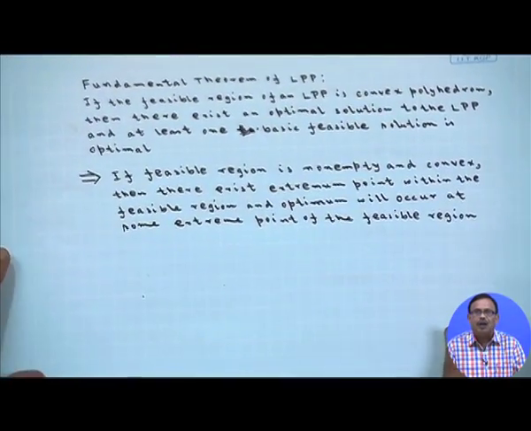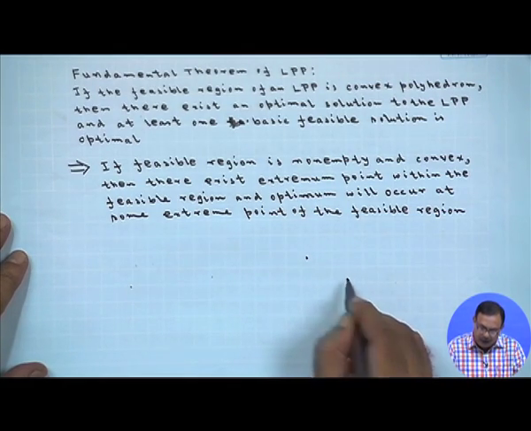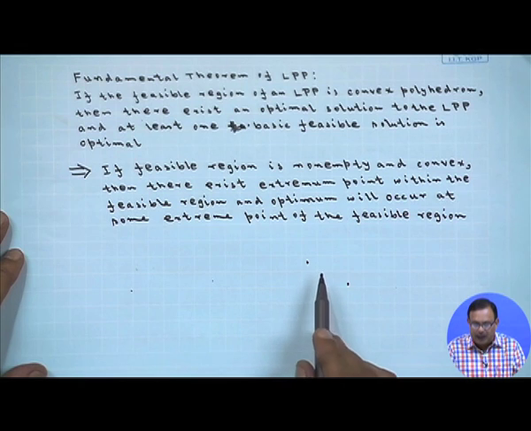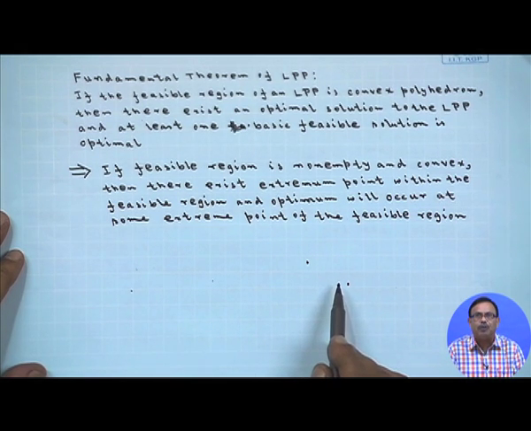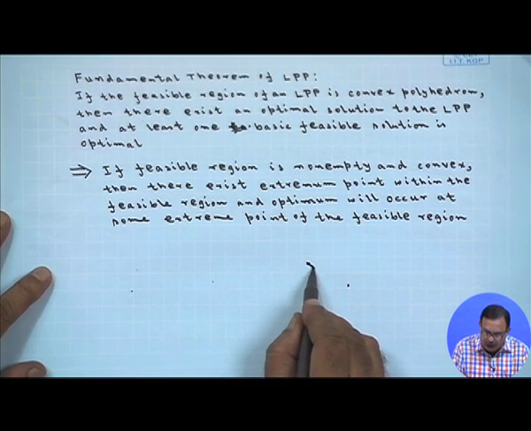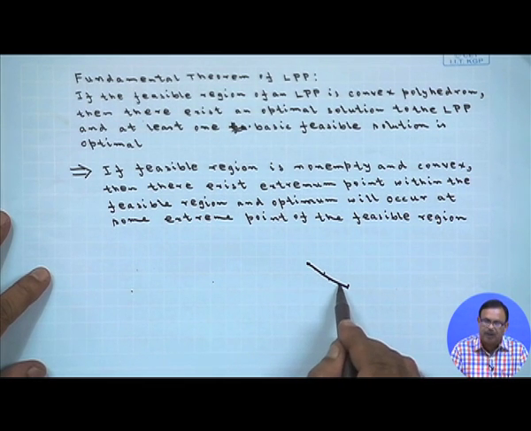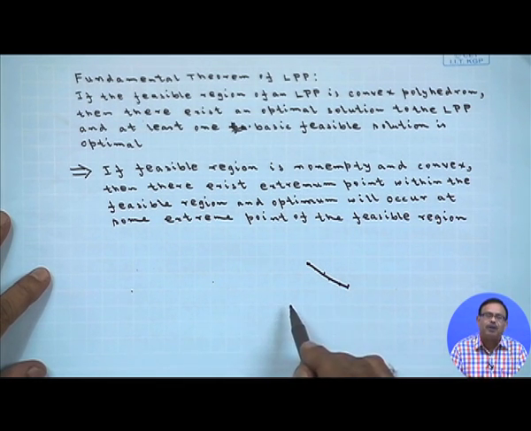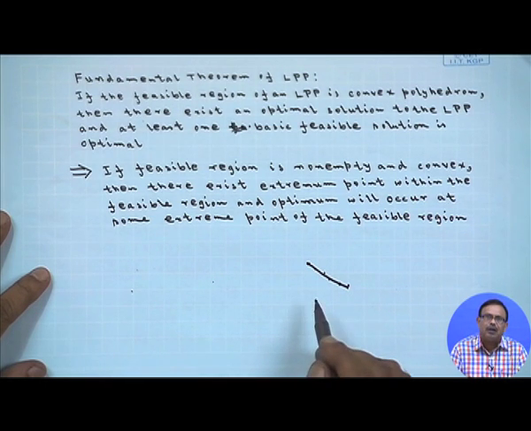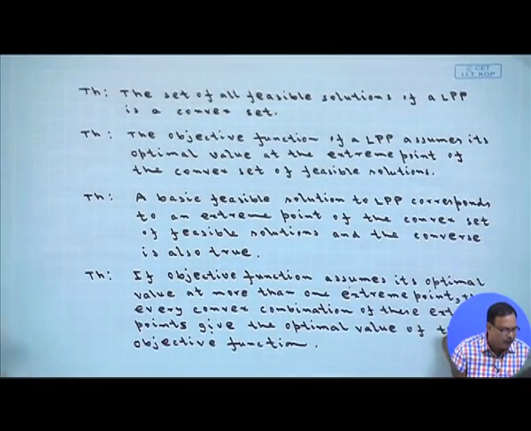In other words, if I got the optimum at this point and at this point, that means at 2 points I am getting the same optimum value of the objective function, then for any convex combination, that means if I join these points, at each point of this line also the value of the objective function will be the same and it will be optimum. That is, there will be multiple solutions for that particular problem. So, these theories are useful for us.